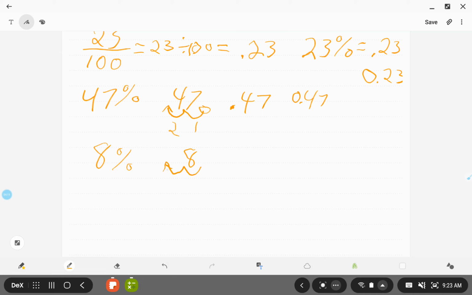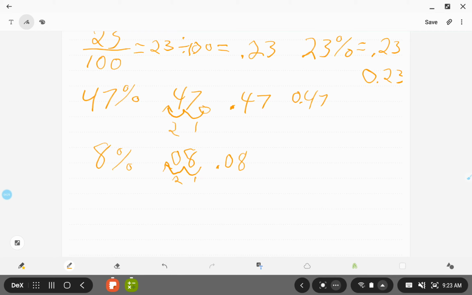So my new answer is not 0.8. A lot of people will put 0.8 and they'll be wrong. It's 0.08, okay? Because I moved it two places, 1, 2, and that's where the 0 came in.